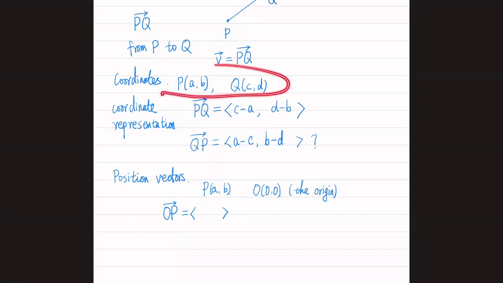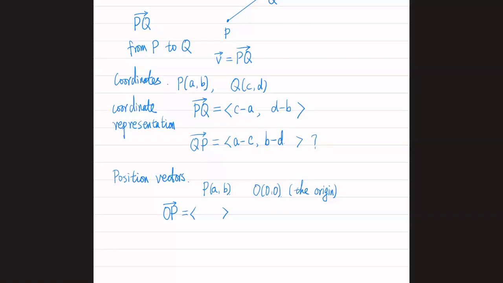The displacement. The coordinate will be the difference. Aaron, any guesses? Okay, Amy. 0 minus A and 0 minus B.